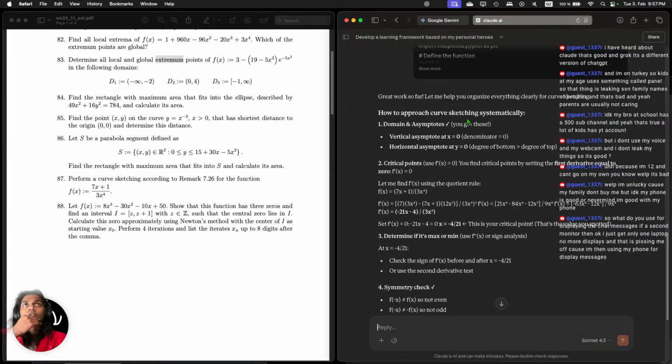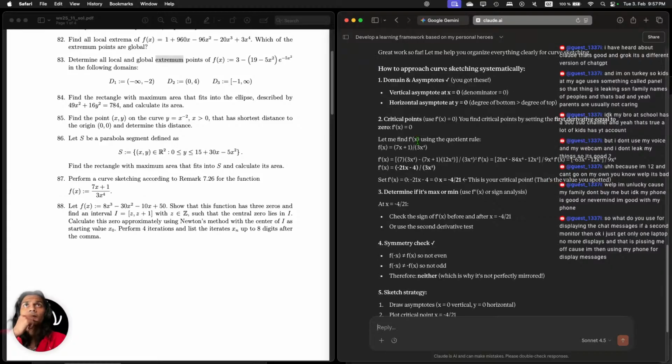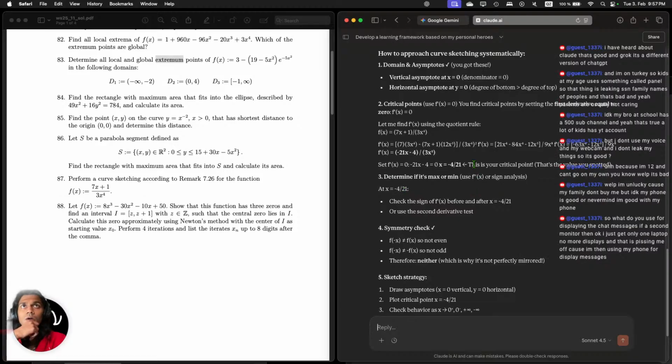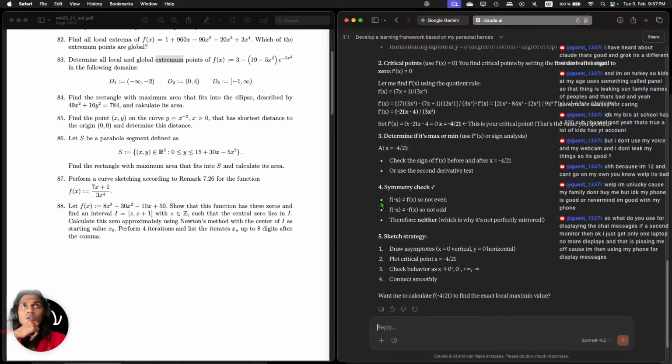How to approach curve sketching systematically. Domain and asymptotes. Okay. Critical point: f'(x) equals 0. Okay. Let me find f dash of x using the quotient rule. Determine if it's a max or minimum. Okay. Check the sign before. Okay. Use the second derivative test.